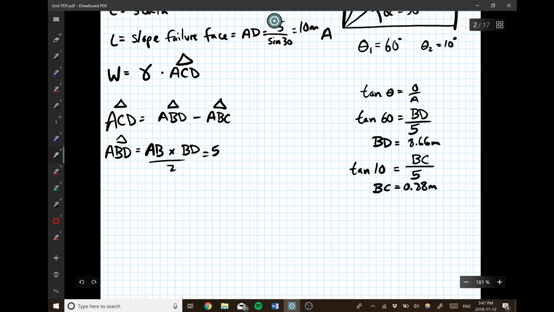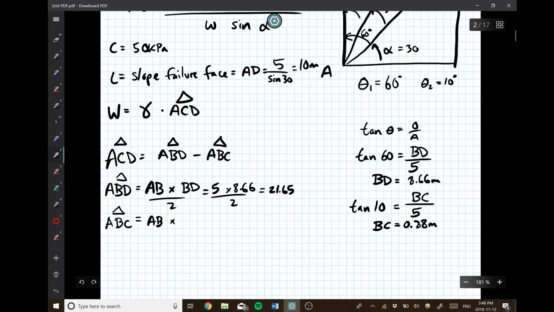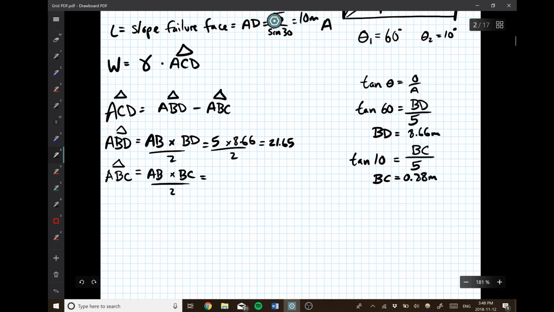So then the area of the triangle ABD is 5 times 8.66 over 2, which gives us 21.65. And our ABC triangle would be AB times BC over 2, which is 5 times 0.88 over 2, gives us 2.2 meters squared.